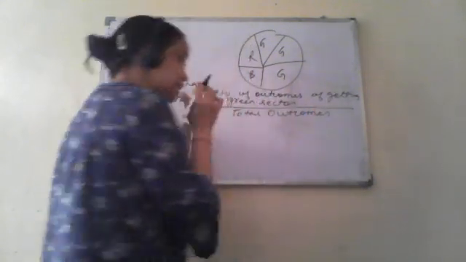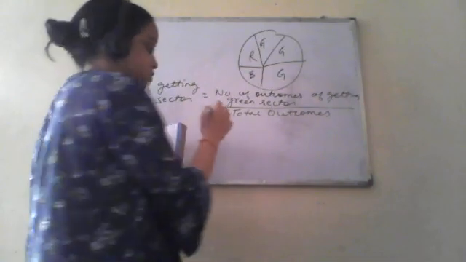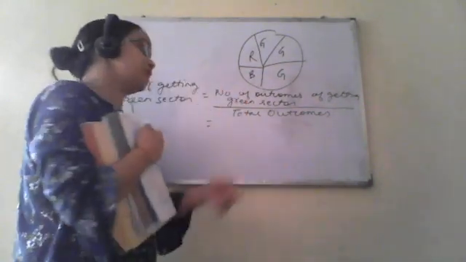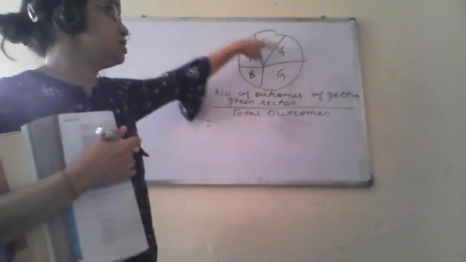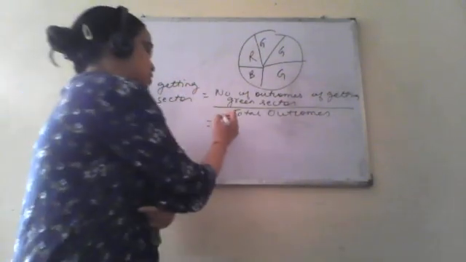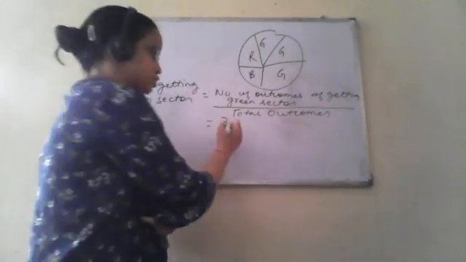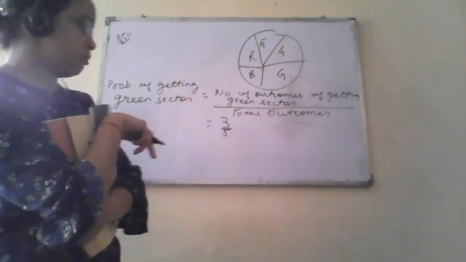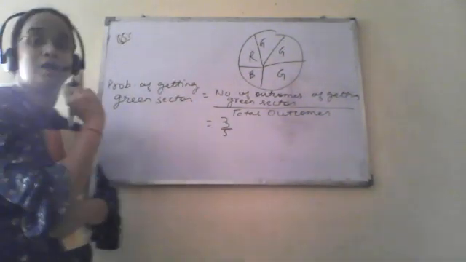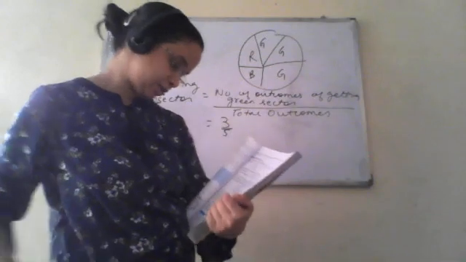So this will be the probability. This way you have to write in each question. Okay. So the number of outcomes of getting a green sector: there are 3 outcomes upon the total number of outcomes. How many sectors are there? There are 5 sectors. So upon 5. So this 3 upon 5 is the probability of getting a green sector.